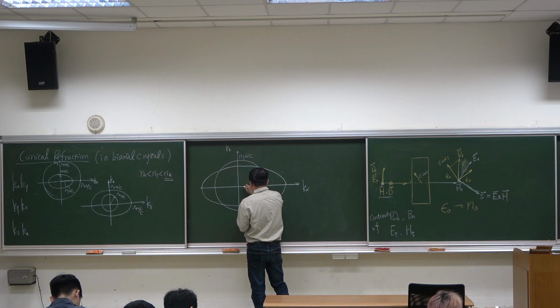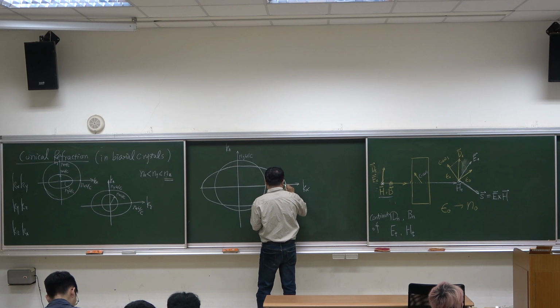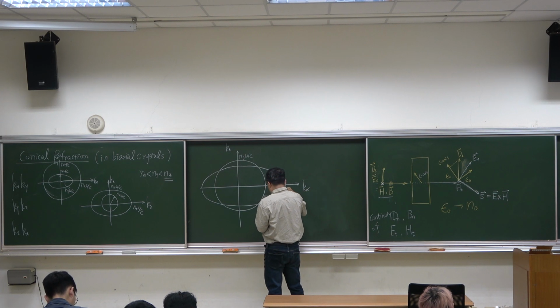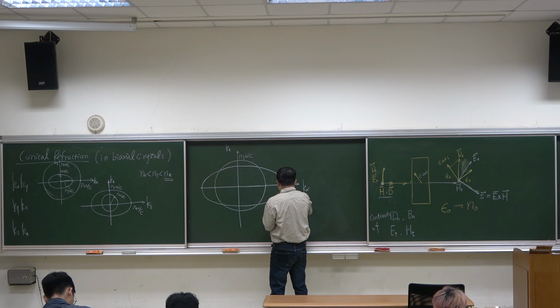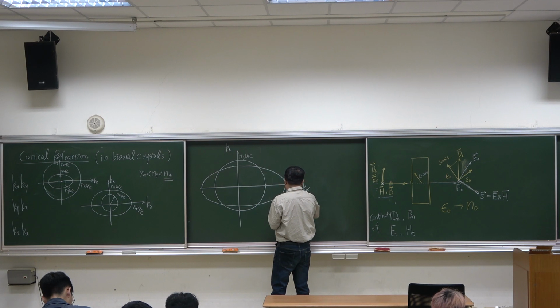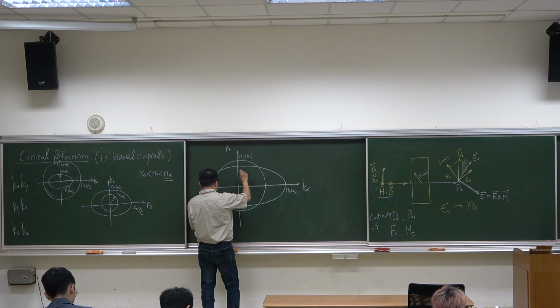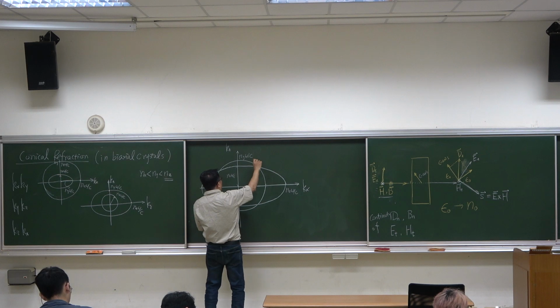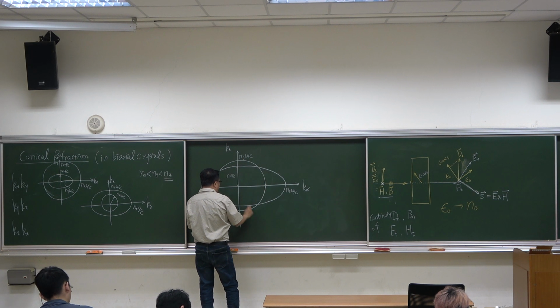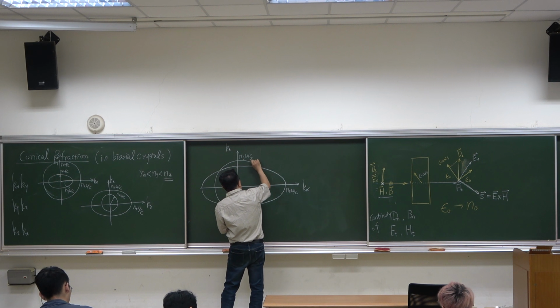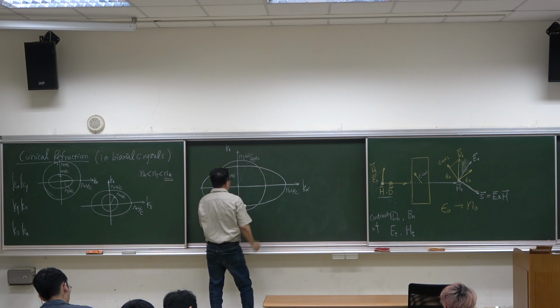Its major axis is Nz omega over C, and its minor axis is Nx omega over C.